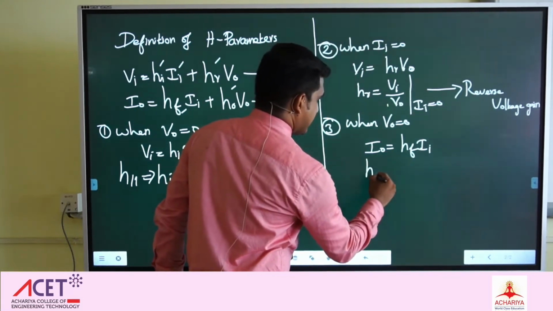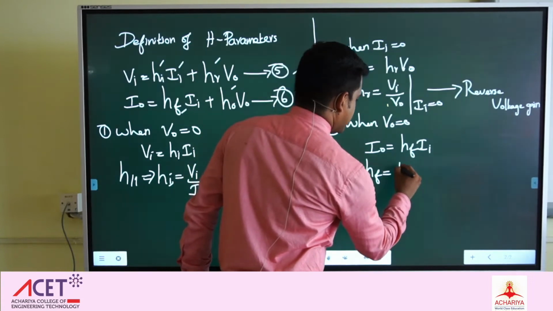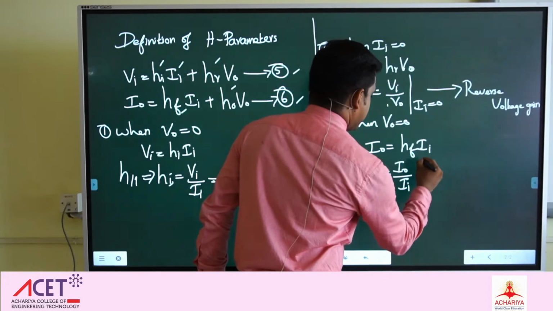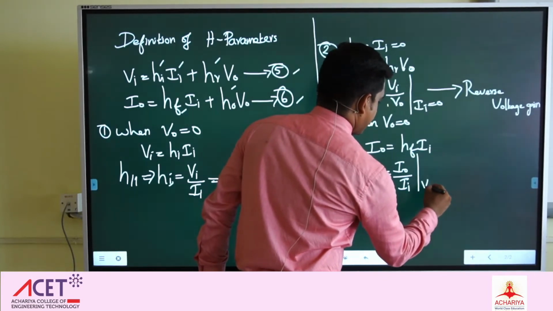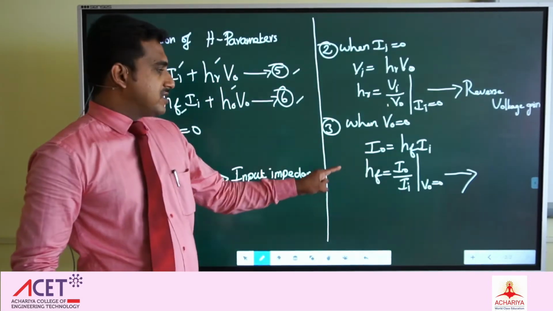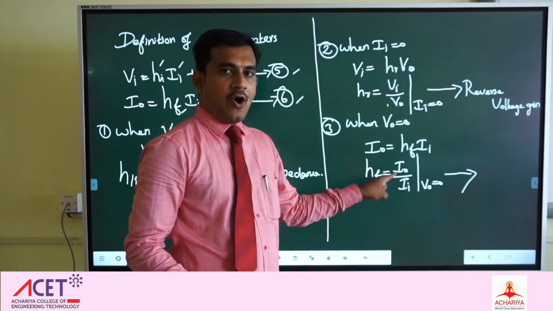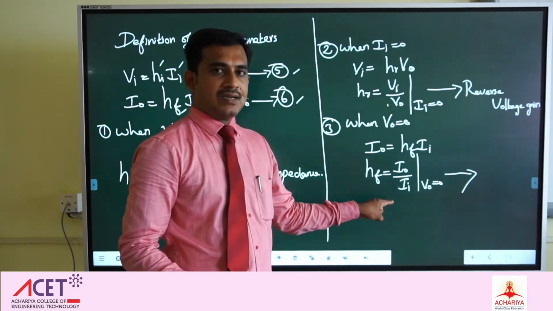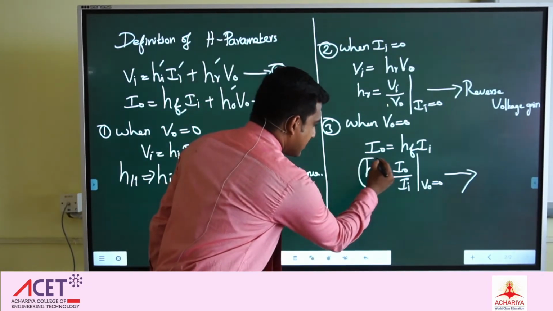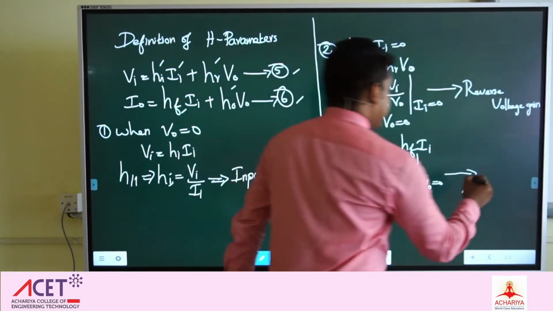From this equation we can find Hf is equal to I0 divided by Ii, by considering V0 equal to 0. See this equation, I0 divided by Ii, output current divided by input current. It is a forward current gain. That's why we are naming this parameter as Hf, forward current gain.